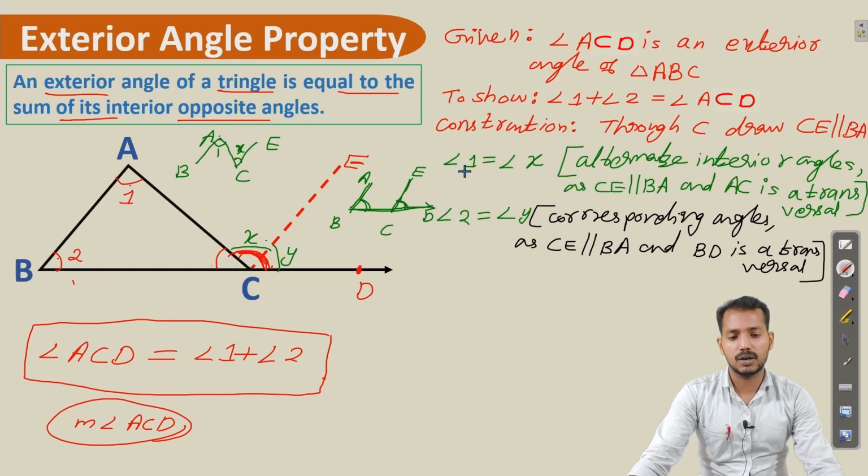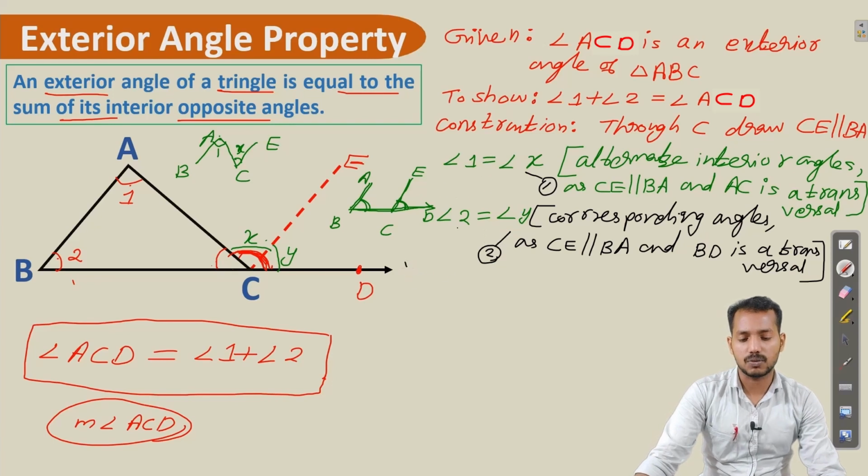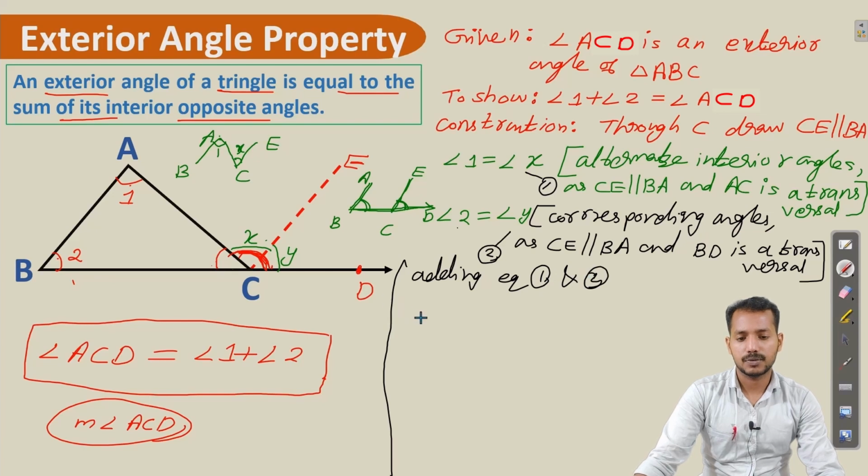Now we have got angle 1 is equal to angle X, and angle 2 is equal to angle Y. This is equation number 1 and this is equation number 2. Adding equations 1 and 2, we get, when you add two equations, add the corresponding LHS and RHS.